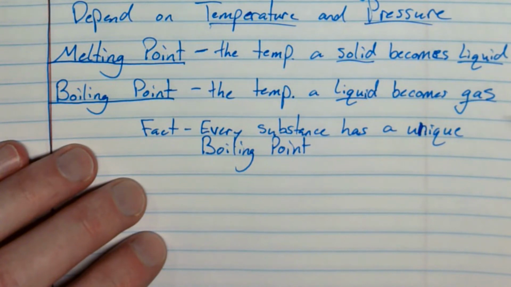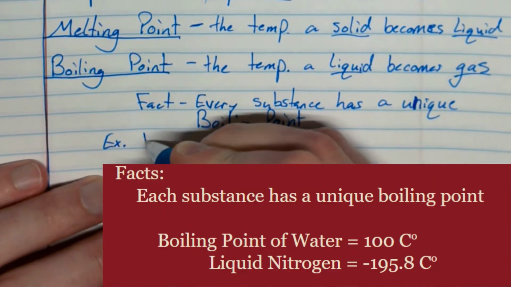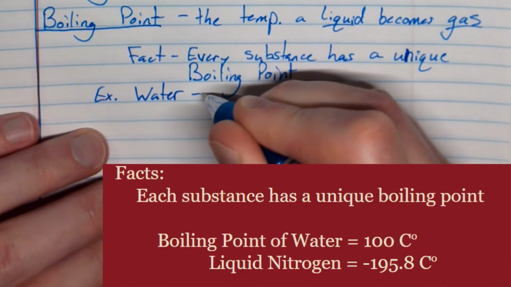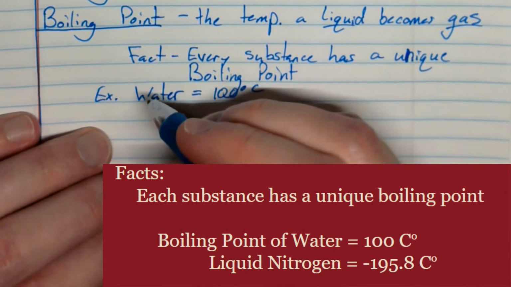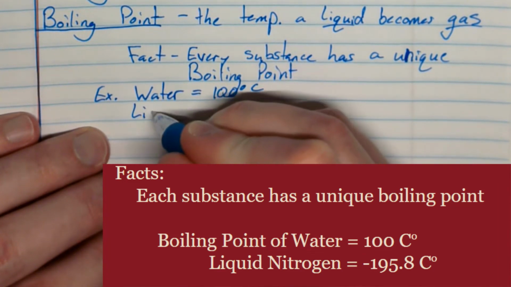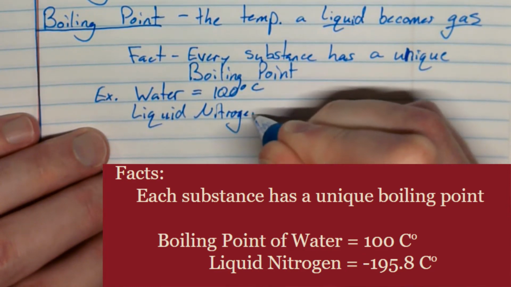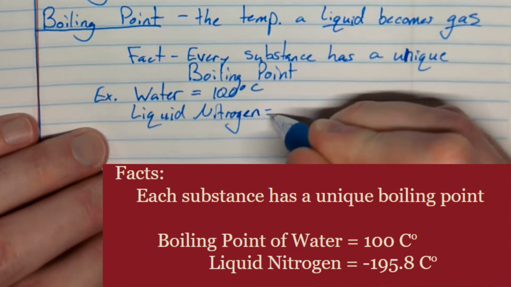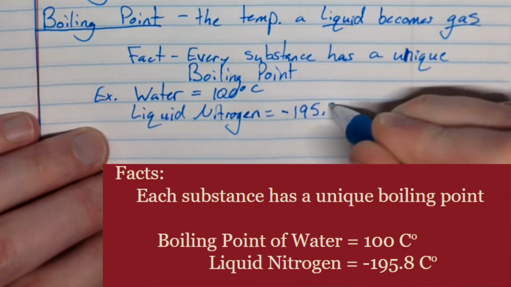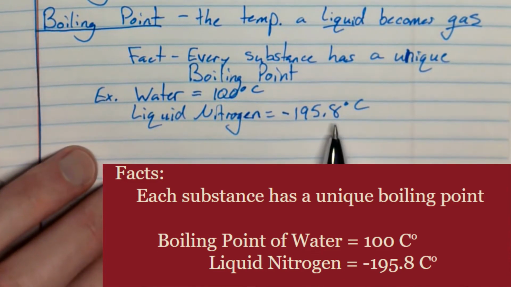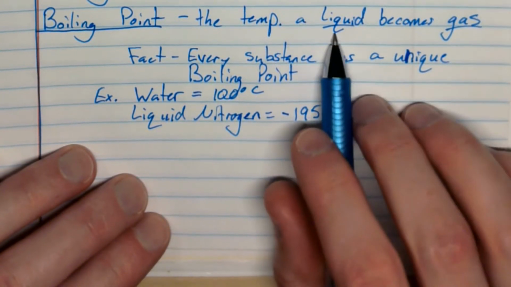So the boiling point for water, for example, is 100 degrees Celsius. But for liquid nitrogen, which is this super cold liquid I'm sure you guys know about, it is actually negative 195.8 degrees Celsius. So even though it's super cold, it starts to boil at that temperature. So it'll turn from a liquid into a gas.